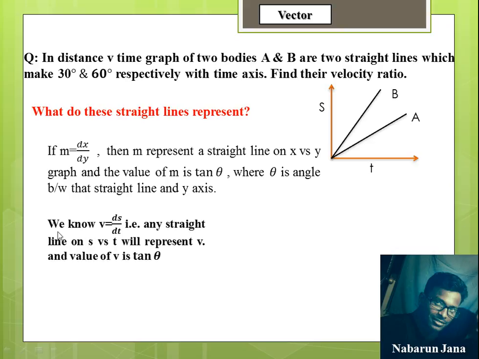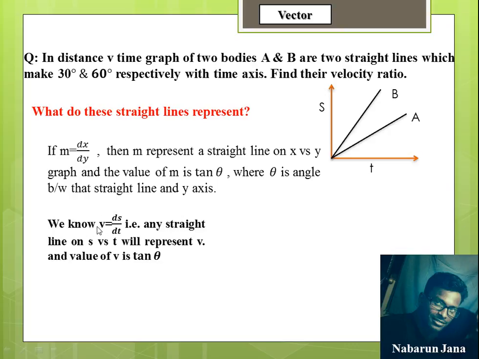So from this graph, we all know velocity equal to distance divided by time, that is v equal to ds by dt. So if you draw the s versus t graph and you get a straight line from the origin, that is nothing but v.